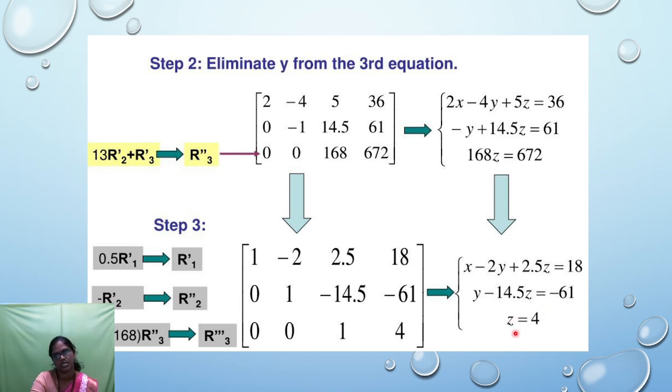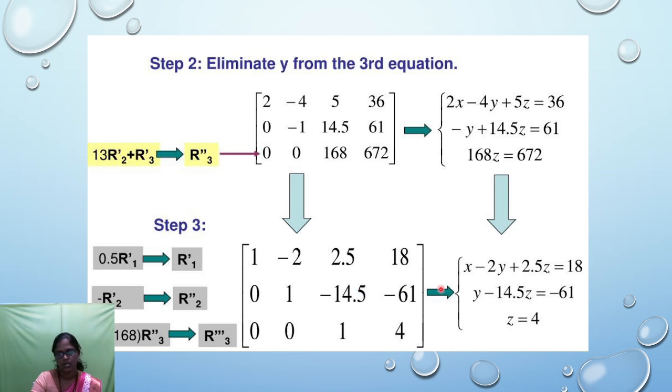Substitute the z value in the second equation. What do we get? Here write these as equations. Check this. In the first equation we have x minus 2y plus 2.5z equal to 18. In the second equation, what do we have? y minus 14.5z equal to minus 61. Look here, in the third equation, z equal to 4. So substitute the z value in the second equation.